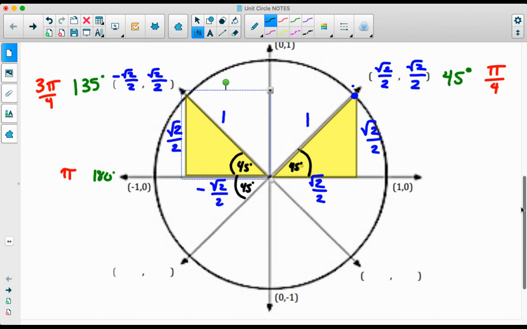I don't have a fancy triangle, you could certainly draw in what it would be. This vertical length right here is root 2 over 2, but again, we're in quadrant 3, so it's gone negative. So our corresponding coordinate here is negative root 2 over 2 for x, negative root 2 over 2 for y.